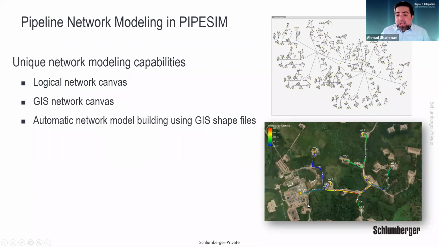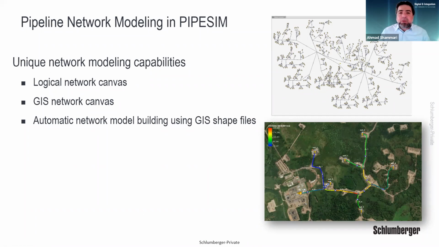So when I am in the GIS canvas, I can import what I call a shape file. The shape file is nothing but a 2D representation of this flow line, okay? That is normally generated by the mapping services in any company.